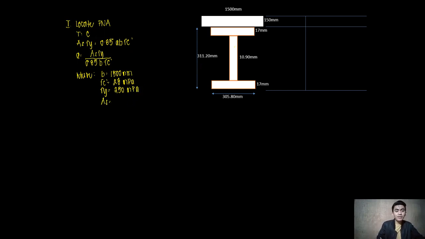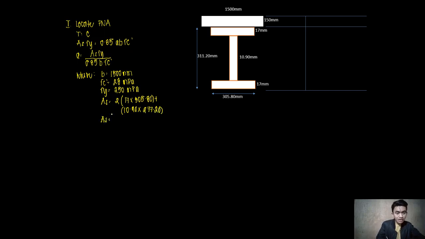That is just the area of our steel section. So let us determine the area of our steel section. Let us start with the flange: 2 multiplied by 17 times 305.80, plus the area of the web, that is thickness 10.90 multiplied by 311.20 minus 17 times 2, which is 277.20.